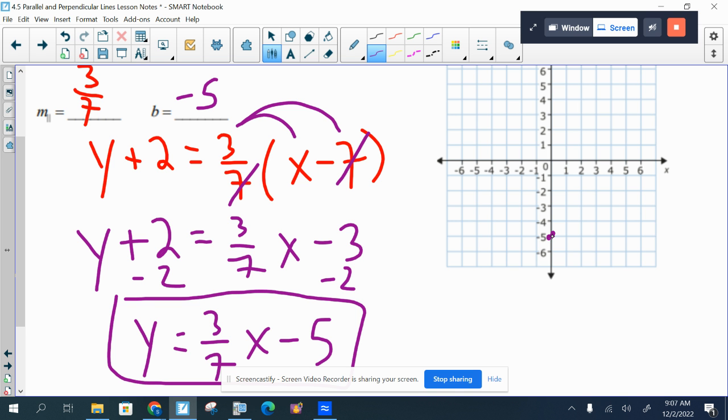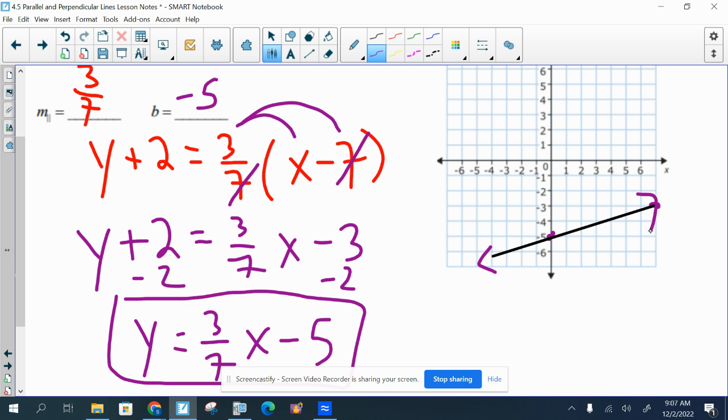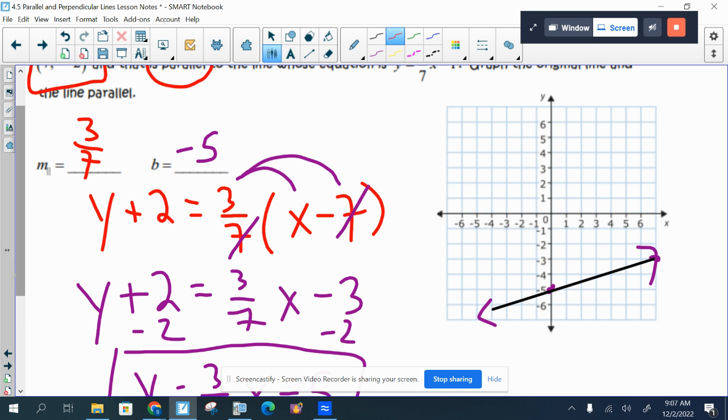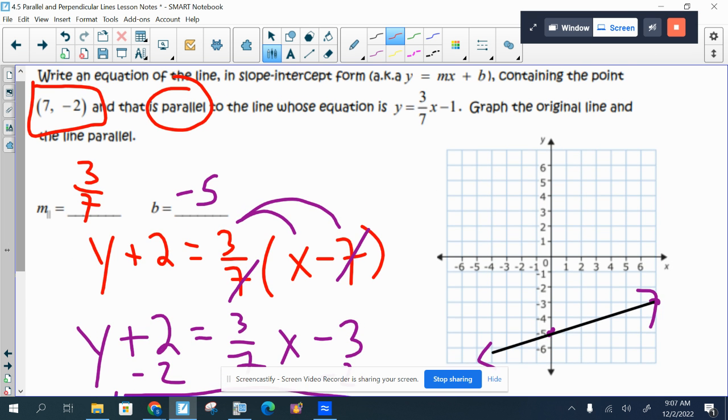So there's -5 and then go up 3/7. And then the other one starts at -1. You can go up 3/7 and down 3/7.